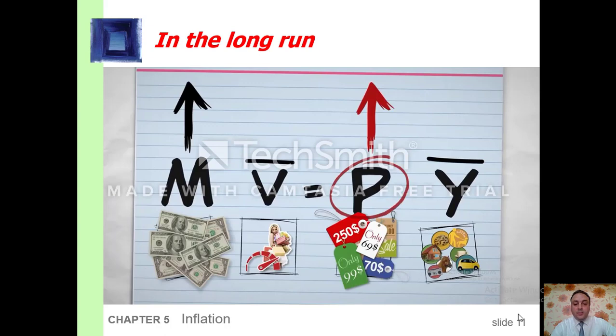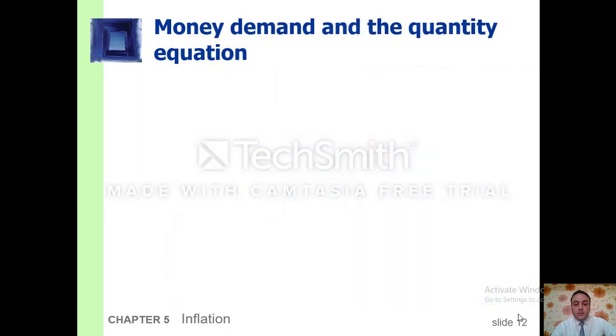So in the long run, it increases the prices, and when the money supply increases rapidly, it will increase the prices more rapidly and cause what we call hyperinflation. We will see that at the end of the chapter.